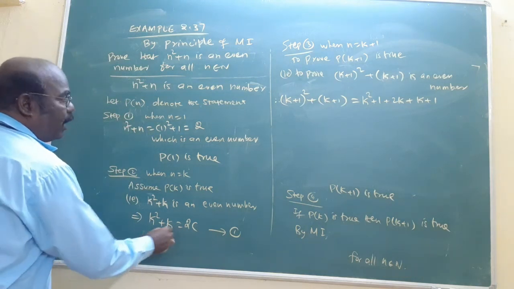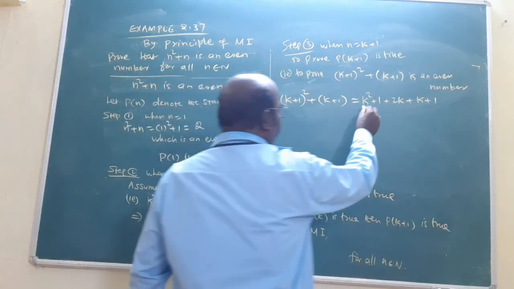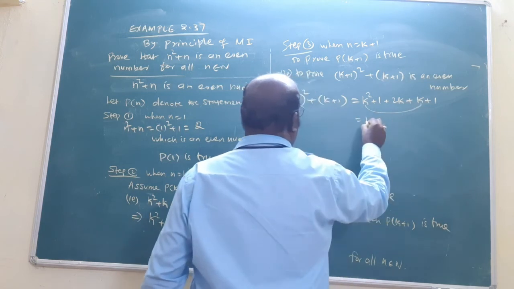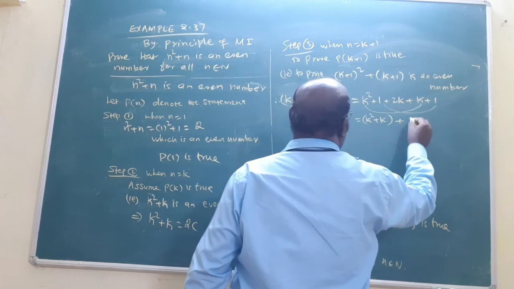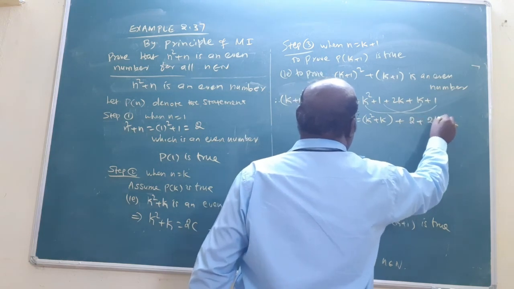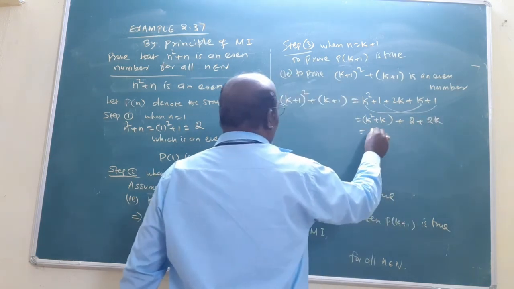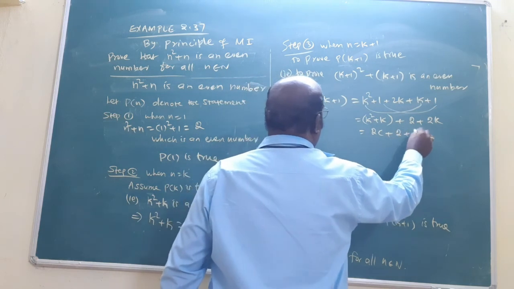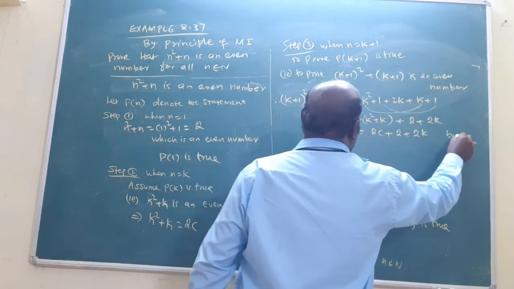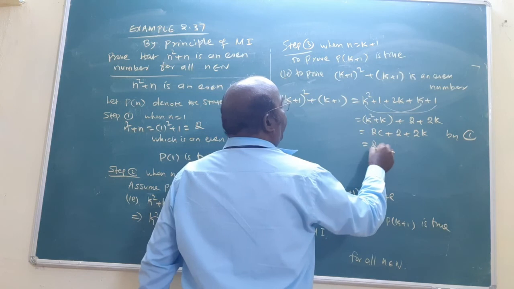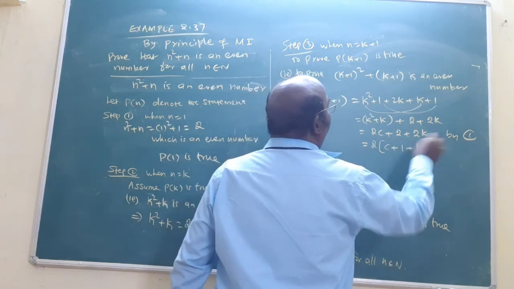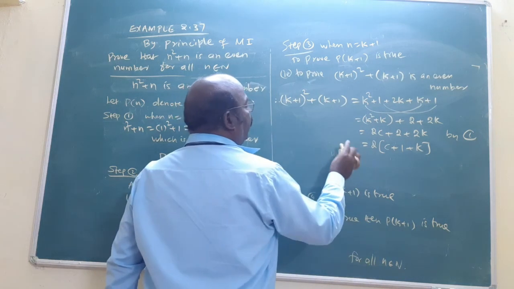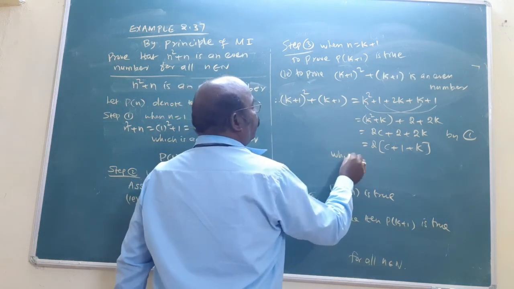The first one is what? k square plus k combined together. Then 1 plus 1, 2. This 2k. Am I right? Instead of k square plus k, write 2c. Already 2 plus 2k is there. By using 1, now 2 is common. 2 into c plus 1 plus k. All are multiplied by 2, that's why which is an even number.